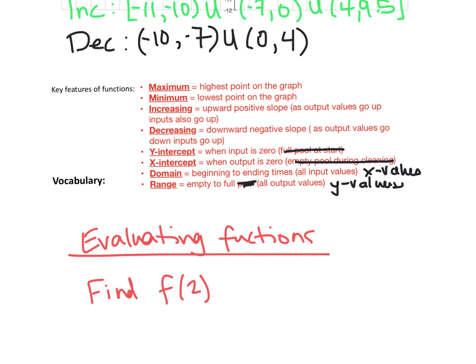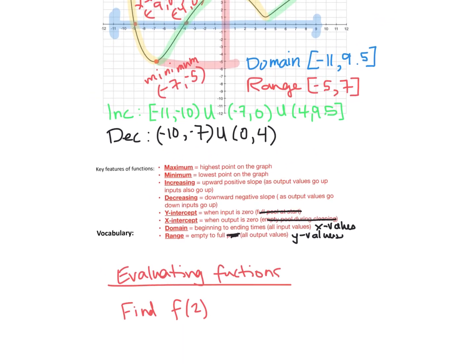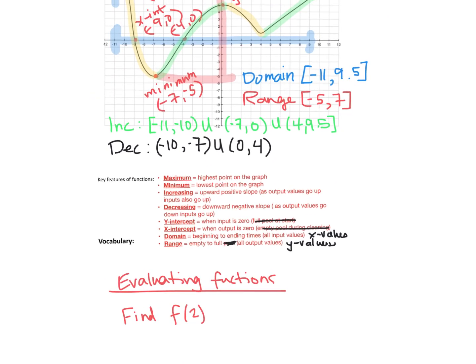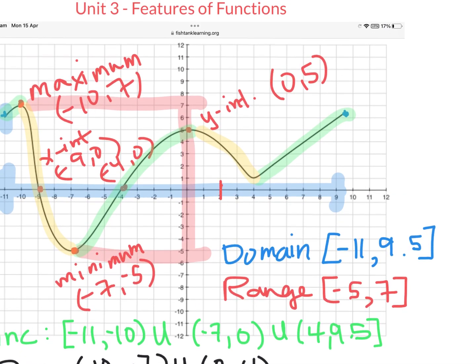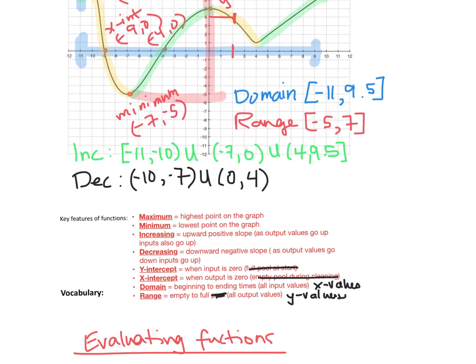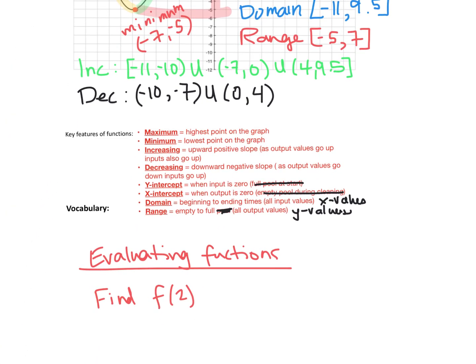I'll just look up here in the graph that we copied down for the key features. Finding f of 2 is saying when x is 2, what is y? So I would look over here where x is 2, right? This is where x is 2, and I'd go up and I'd read the y value. So it looks like it's 4. Okay, so then I'd say, find f of 2, f of 2 equals 4. Okay, and it could also give you a backwards question.